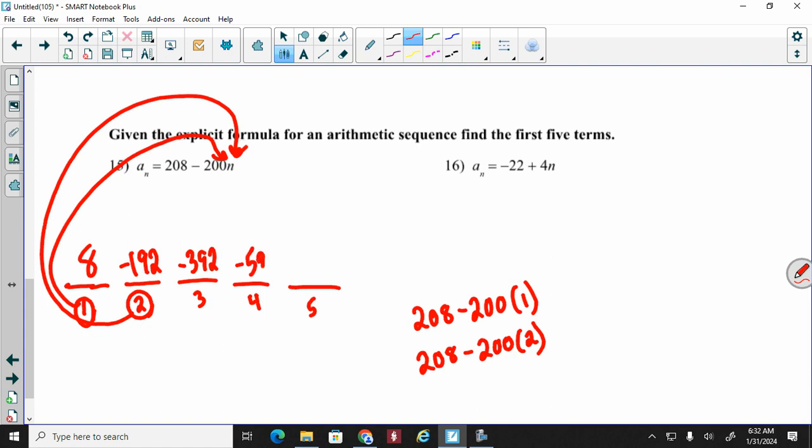So if you can figure out the pattern early on, it's going to kind of help you out. You don't necessarily have to worry about plugging in 1, 2, 3, 4, 5 every single time. For question 18, negative 18, negative 14, negative 10, negative 6, and then negative 2.